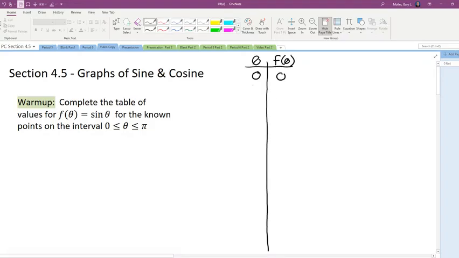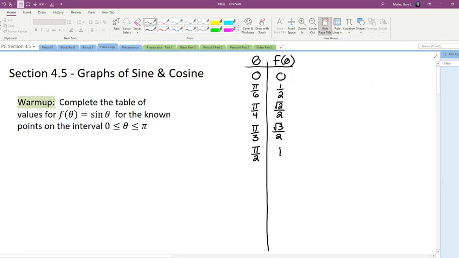The sine of pi over 6 is the y value on that, which is a half. Then pi over 4, which is the square root of 2 over 2. Then pi over 3, which is root 3 over 2. Then 90 degrees, or pi over 2, and that is 1.